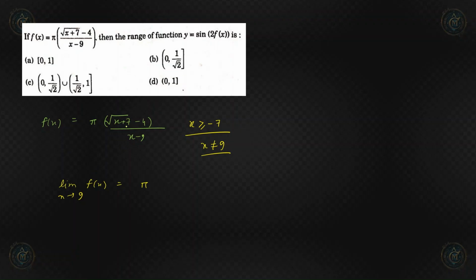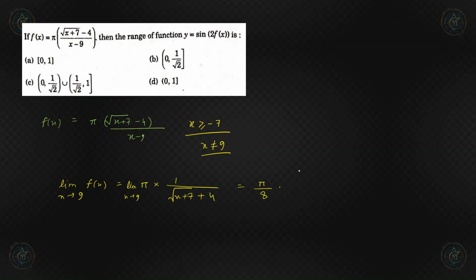If we try to rationalize, we get x plus 7 minus 16, so this becomes x minus 9. X minus 9 gets cancelled, so we get the limit as x tends to 9 of pi times 1 divided by (square root of x plus 7 plus 4). So this becomes pi divided by 4, sorry, this will be 8, so we get pi by 8.